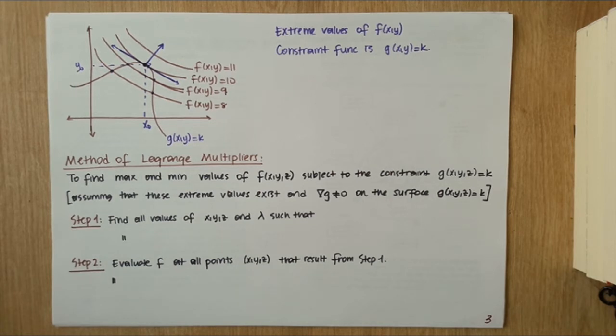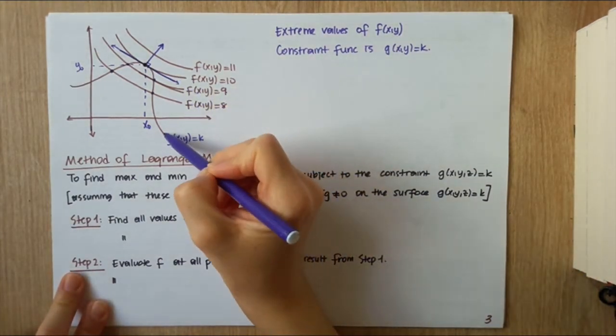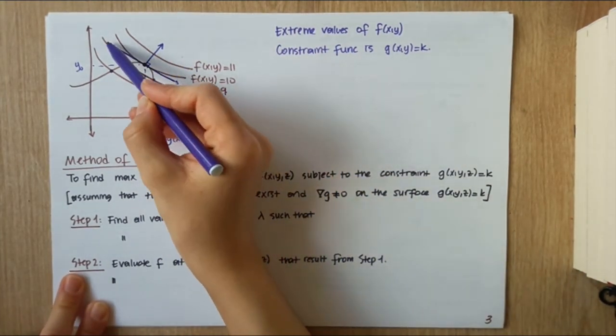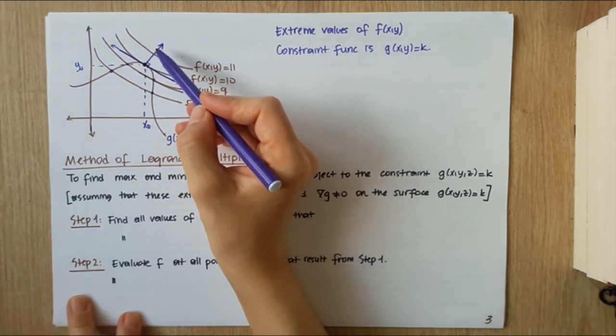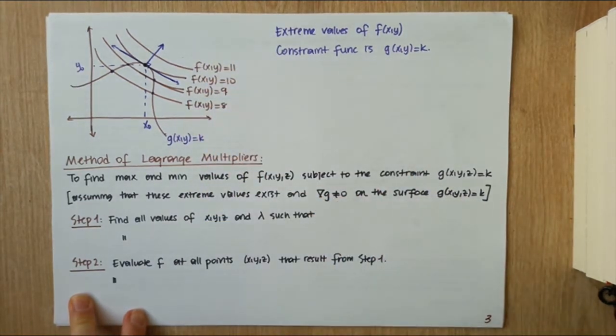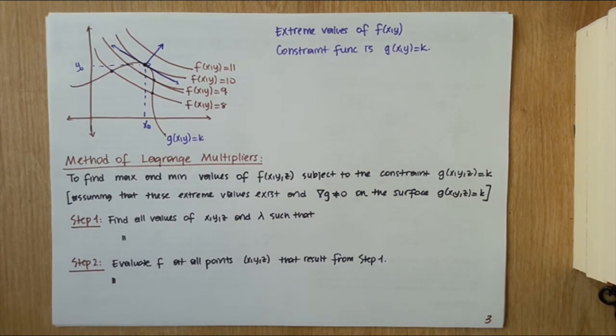Because we know that the direction vector of the normal line of a curve is equal to the gradient vector of that curve, right? So because this curve and this function have the same tangent line, they have the same gradients at that point. So we have a relation between those gradients, which is that they are parallel to each other.